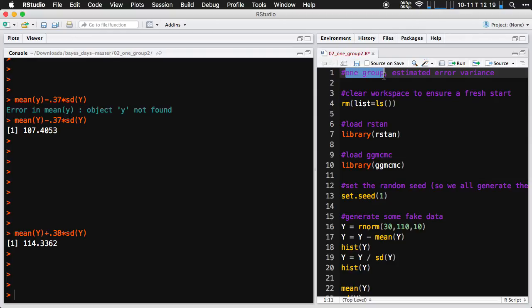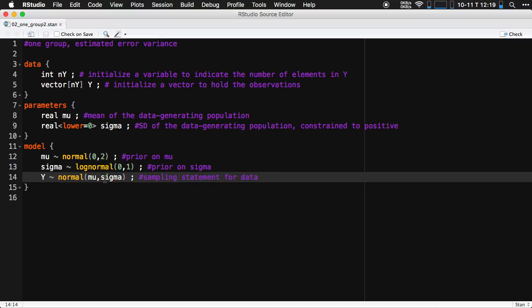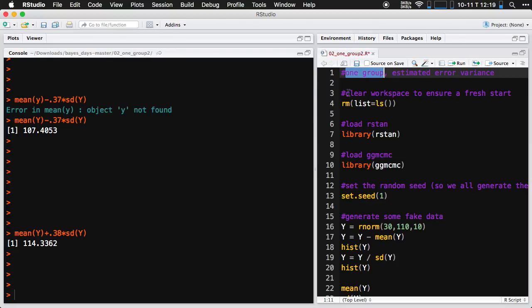We set it to 15. This time we had, again, one group. We were uncertain about now both the variability and the mean, but it's still a bit of a fake data set insofar as rarely are we interested in just one group. We usually have some experiment and we're interested in comparing two groups. So that's what we're going to move on to next.